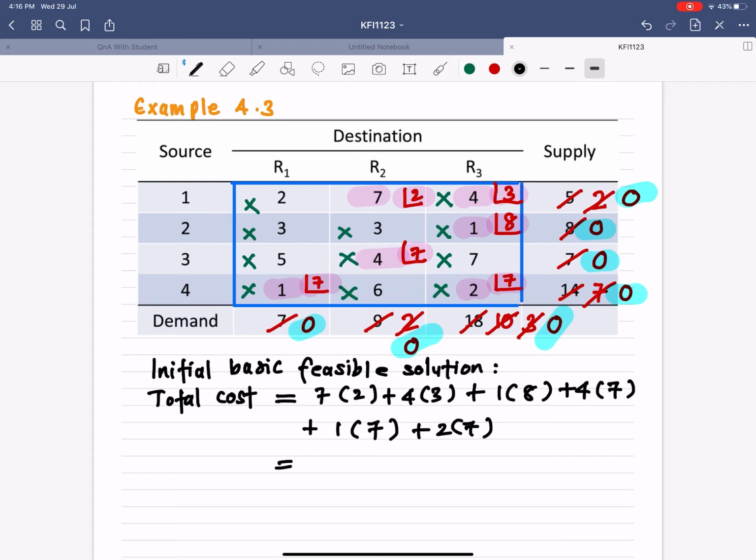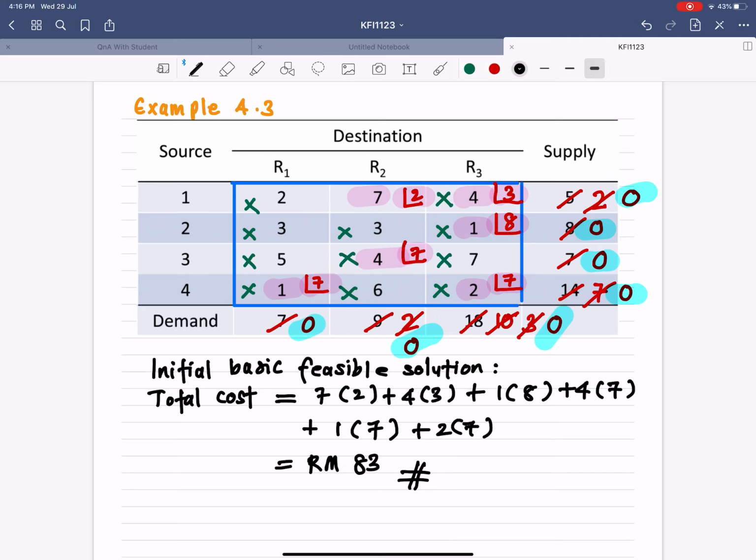The answer, if the cost is in RM, is a total cost of RM83. So that is the answer that we are looking for.